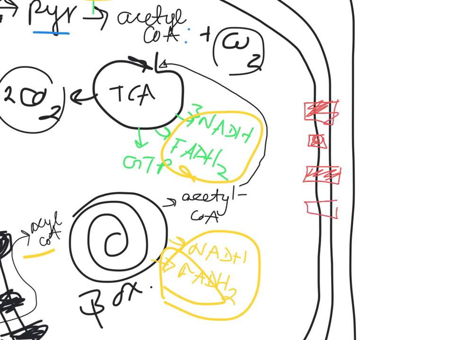We're going to put 4 complexes on the inner mitochondrial membrane, and we're going to go through the electron transport chain. But essentially, all of your NADH is going to go into complex 1, and your FADH2s are going to go into complex 2, and then we'll talk a little bit about complex 3 and complex 4. This is 1, this is 2, 3, and 4 in Roman numerals, I think.